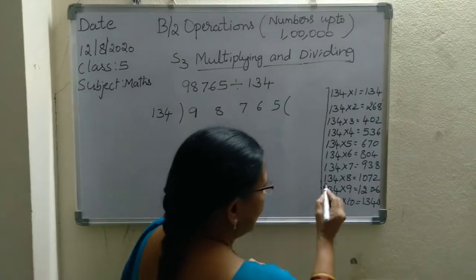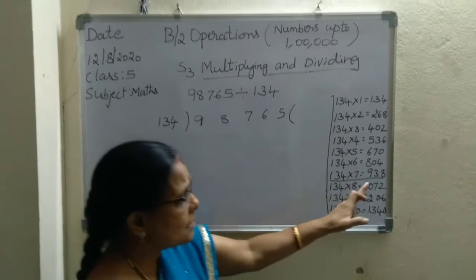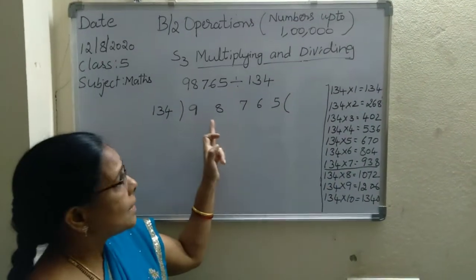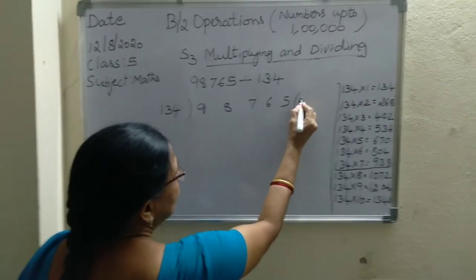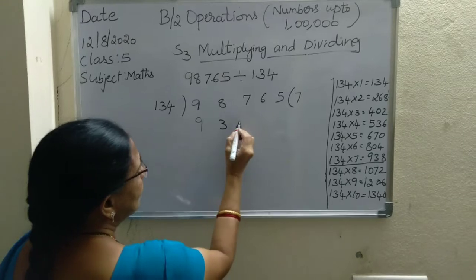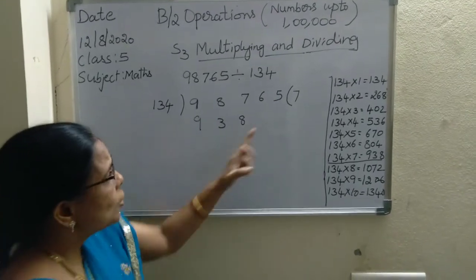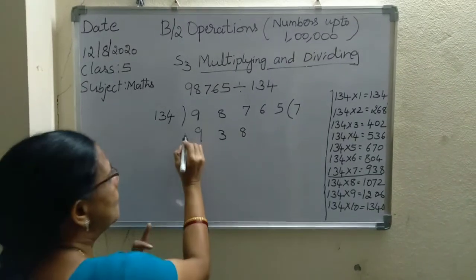So here, see, 134 into 7 is the nearest number for 987. So 134 sevens are 938. See, when you are dividing, you have to start from the highest place.